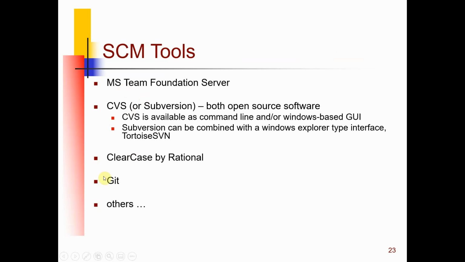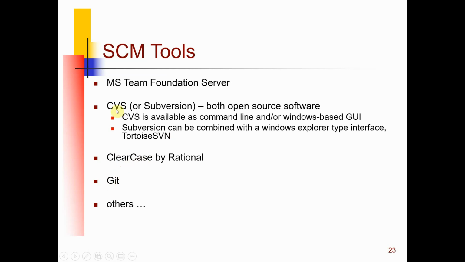What we introduce today is Git. It's kind of new. It hasn't been around that long. I know CVS has been around for a very long time, and ClearCase, by Rational, which is now part of IBM, is a commercial tool that has been around for more than 20 years.